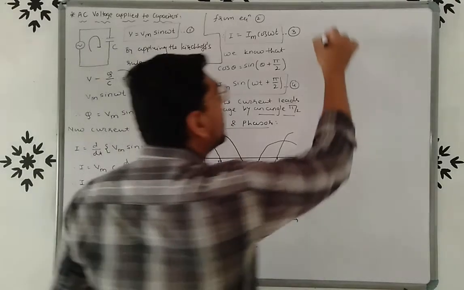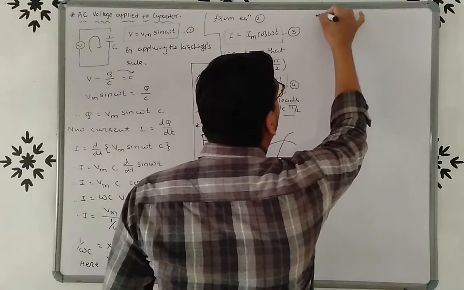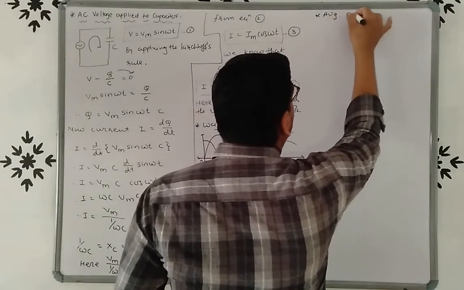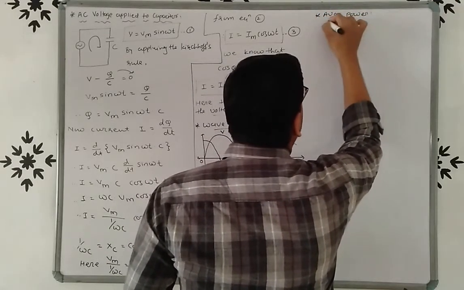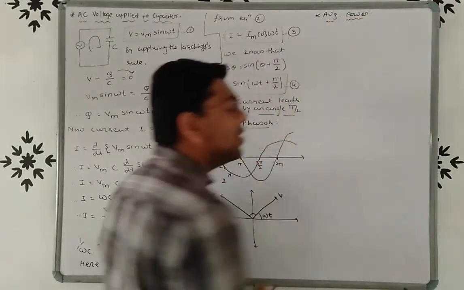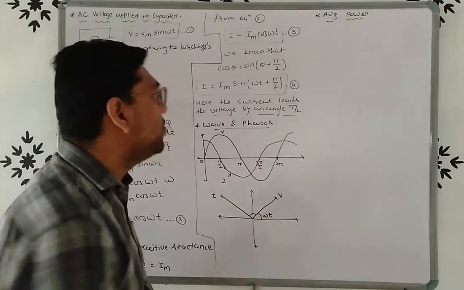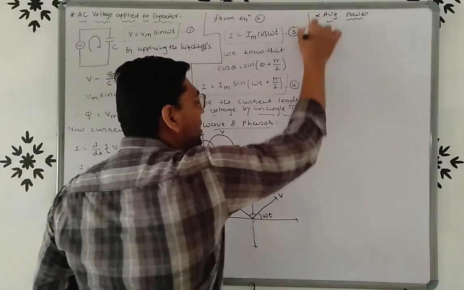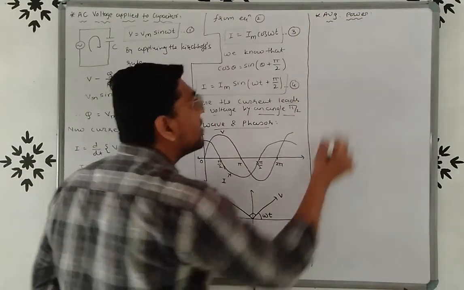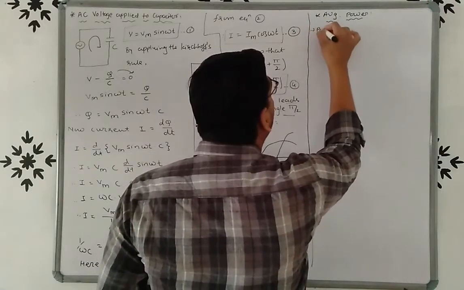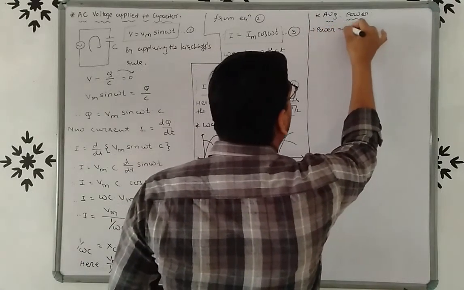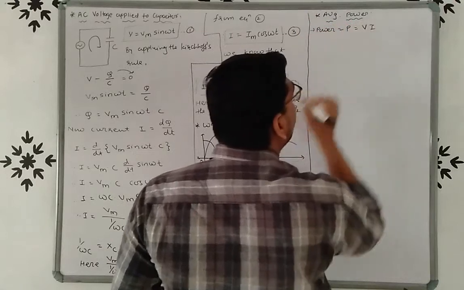Now, average power. We know the equation of power, P = Vi. So here the power is given by P = Vi.